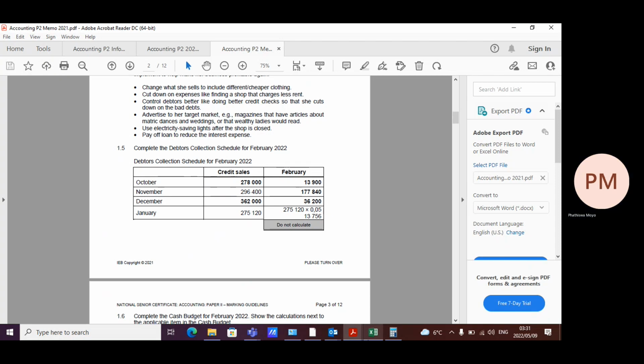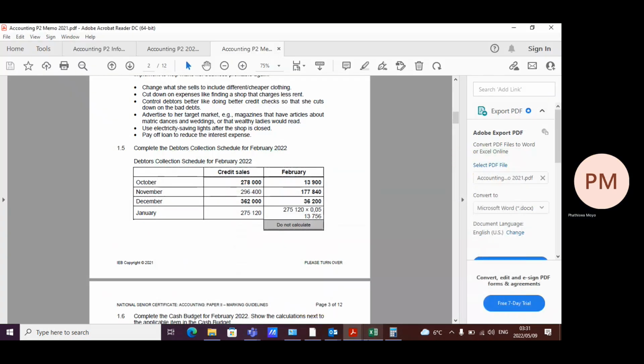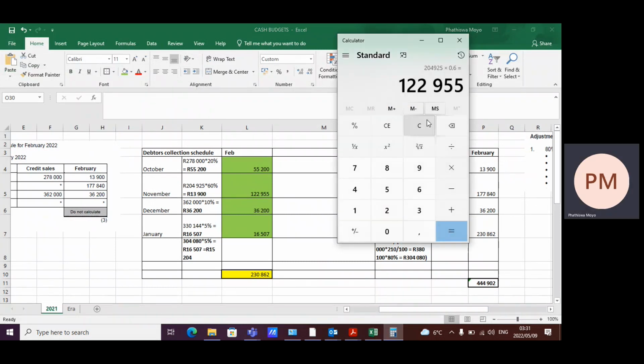January, our figures are incorrect. So January, the collection is 275,120. So let's see, 275,120. $343,900.